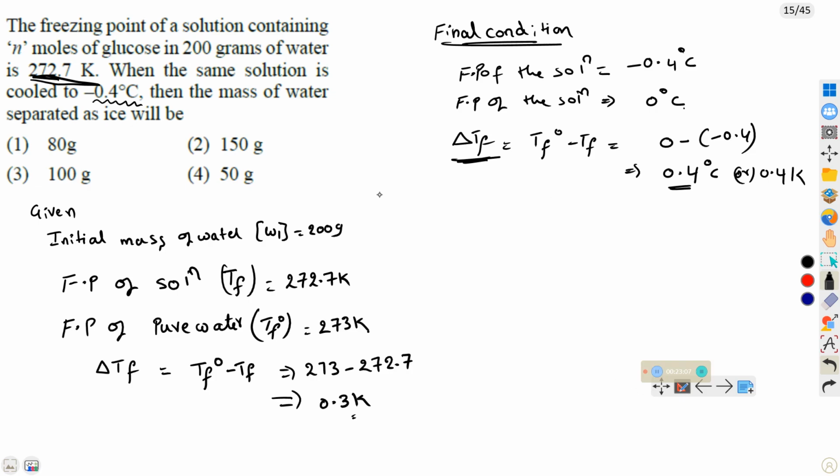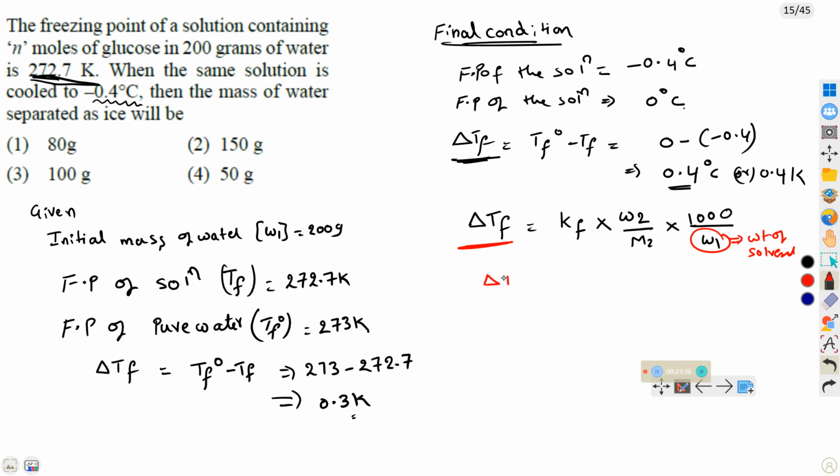Now calculate the mass of the water. What is the formula? Delta TF is equal to KF into W2 by M2 into 1000 by W1. W1 represents the weight of solvent. Here the weight of solvent is inversely proportional to delta TF value.